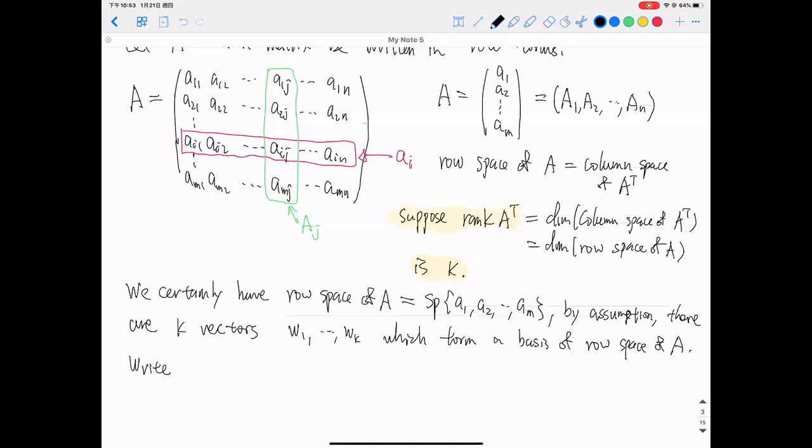And we can write each of these W's as a 1 by n vector.